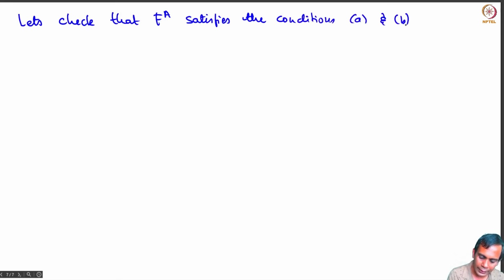So the condition A was that the identity arrow goes to the identity arrow.